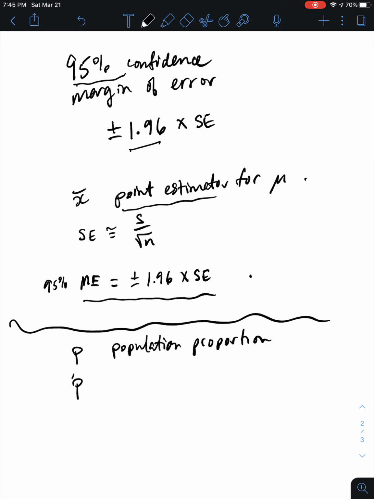Our point estimator, as I mentioned in the previous lecture, is going to be P hat. It's an unbiased point estimator. It's the best possible point estimator. Best unbiased, so I should say best unbiased point estimator.